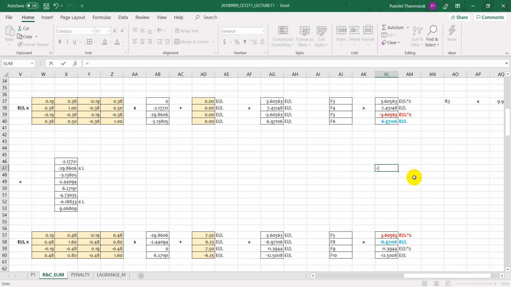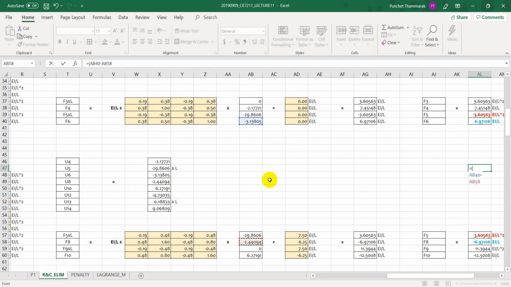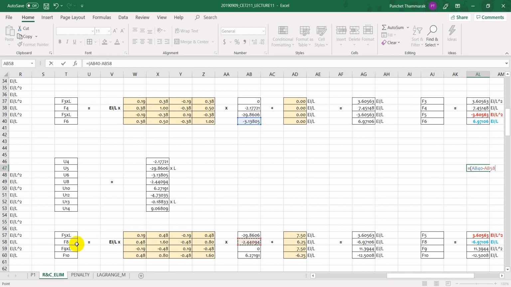So if we just compute the spring force magnitude by taking the rotation, which is this one, minus this rotation, right? This is the rotation at 6 and at the 8.